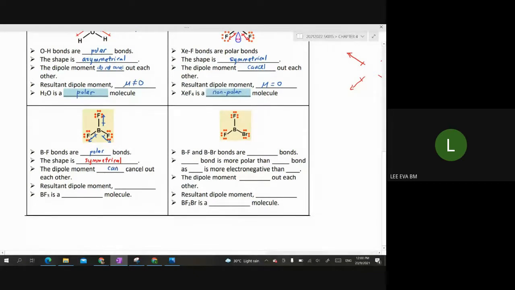So sebab mana letak space dekat sini, so can cancel out each other. Okay, can cancel out or cannot cancel out. You boleh cuba buat ayat lah. So the resultant dipole moment over here will be equal to 0 sebab Hazim tak gerak. So BF3 is a non-polar molecule.